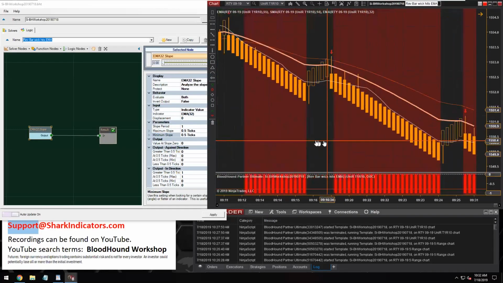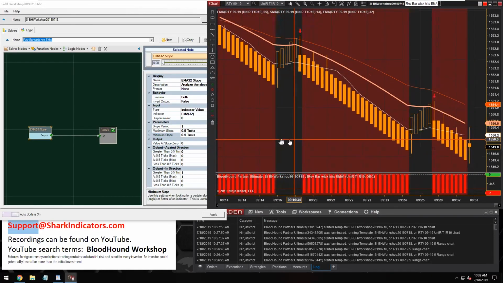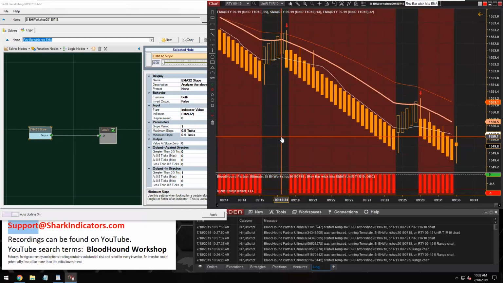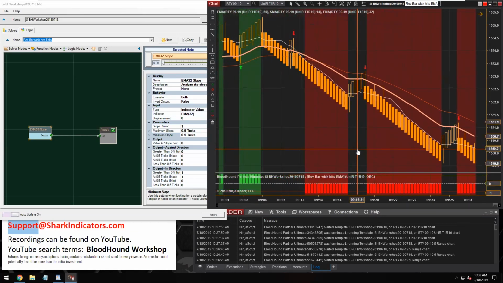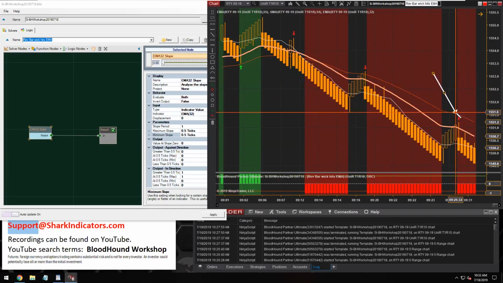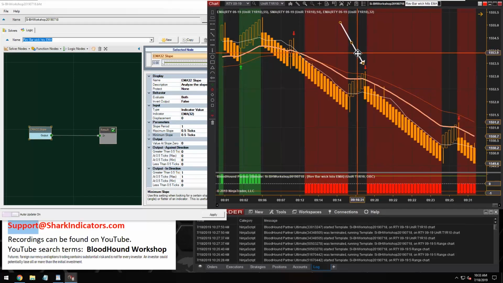And let's see. Yeah, I guess 0.5 will work for a good demonstration here, because if we take a look at our marked signal points, we can see that the slope solver is saying that our EMA has enough slope here for this signal, but not enough here.